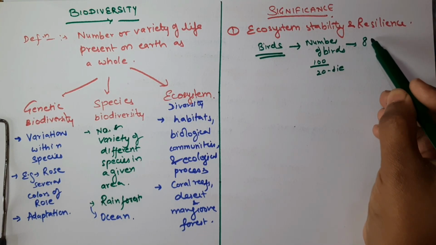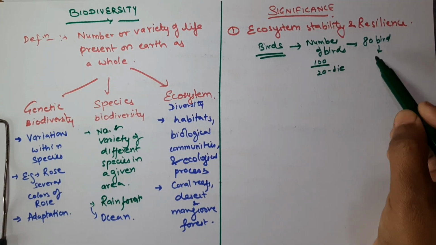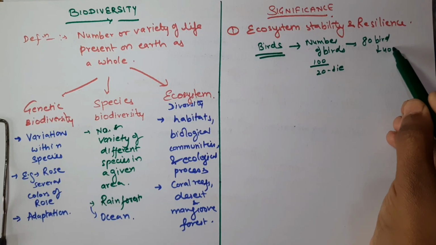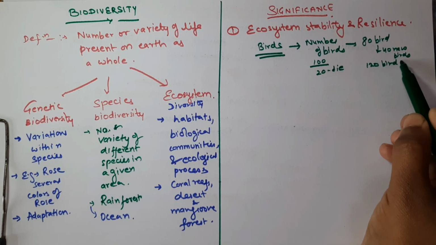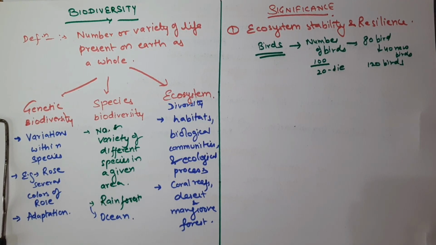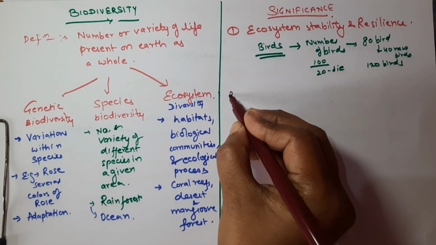These 80 birds will then reproduce, suppose 40 new birds, so there will now be a total of 120 birds. In this way, if one species is affected by disease or environmental change, others can step in to fill the void. This will maintain the stability of the ecosystem. Do you understand?